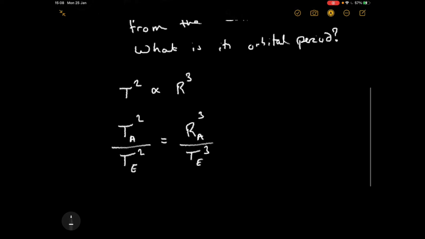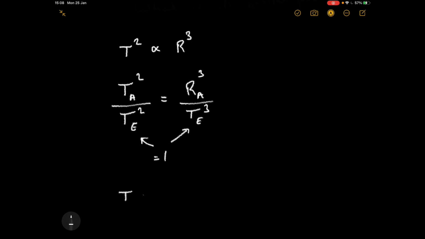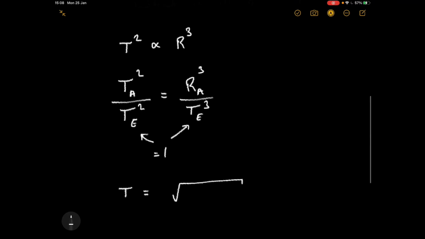Given that we can work in astronomical units and years, the Earth's values are both equal to 1, either 1 AU or 1 year. So the time period is equal to the square root of 3.2 cubed, and rooting that answer we get 5.7 years.